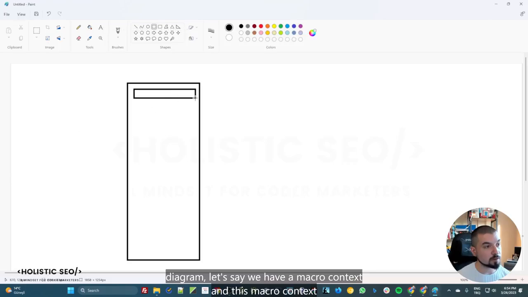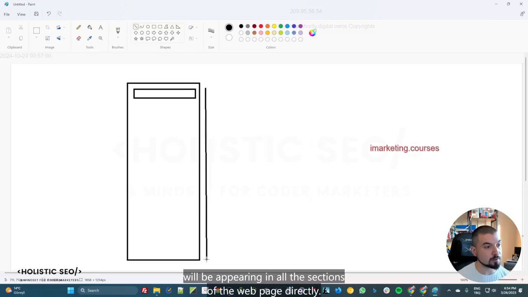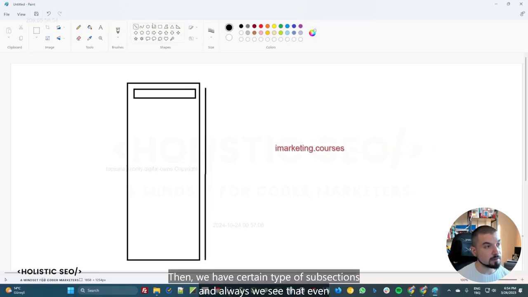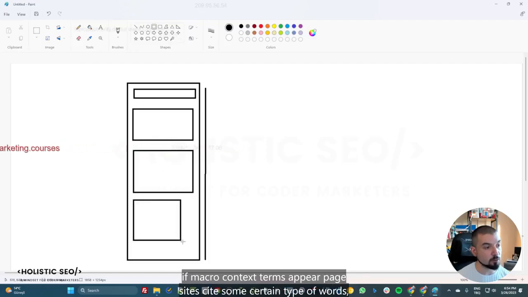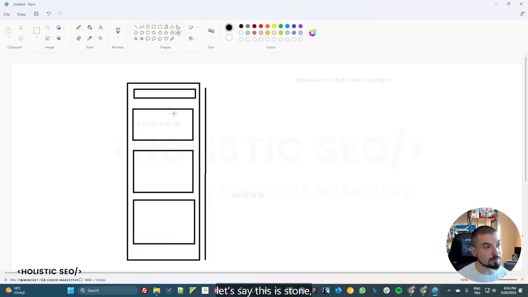If I represent what we do in this area with a Venn diagram, let's say, we have a macro context, and this macro context will appear in all the sections of the web page directly. Then we have certain subsections, and even if macro context terms appear page-wide, some certain words, let's say this is stone, appear here but don't appear directly in this area.